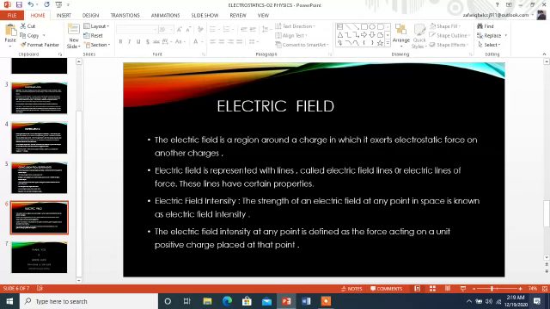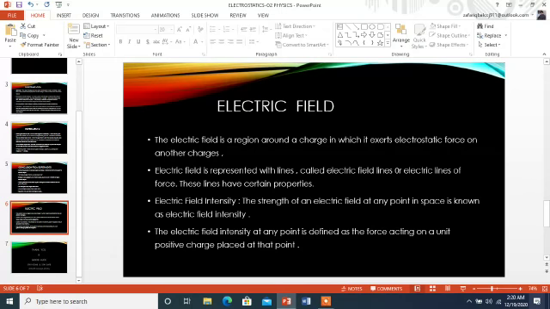Basically, electric field intensity at any point is defined as the force acting on a unit positive charge placed at that point. Actually, this is the value of force which is experienced by another charge which comes in the field of the first charge.